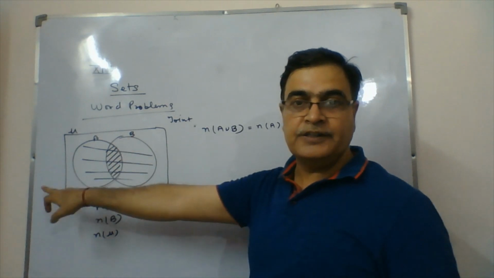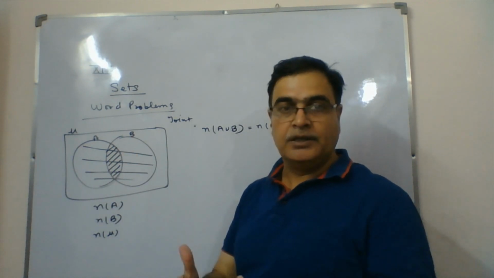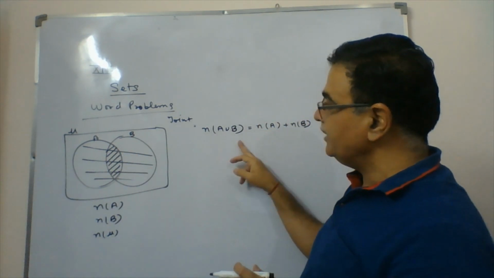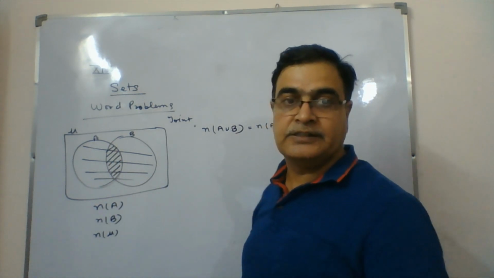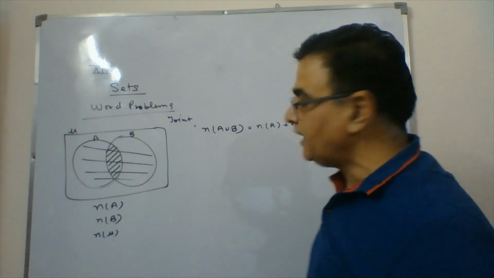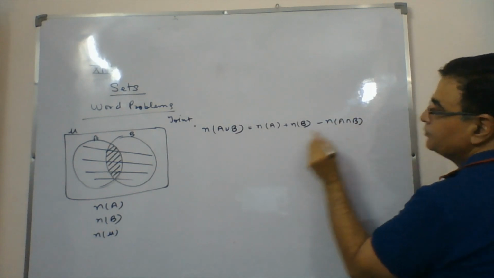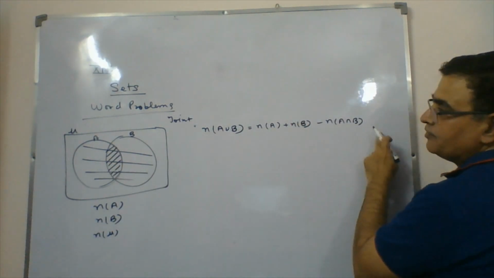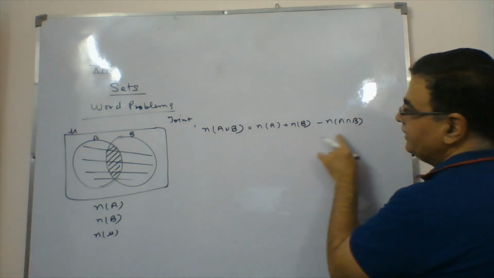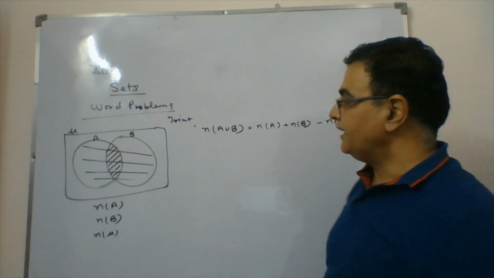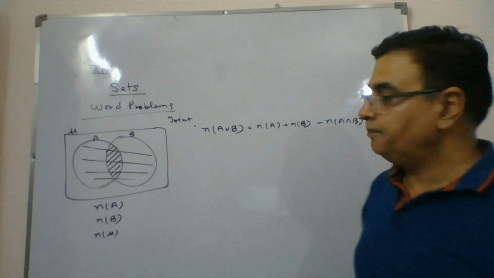You have counted it in A, and you have counted it in B. So when you take n(A union B), it should be counted only once. As it is counted two times, I should subtract it. So minus n(A intersection B). This portion was A intersection B. So the first formula is n(A) plus n(B) minus n(A intersection B).